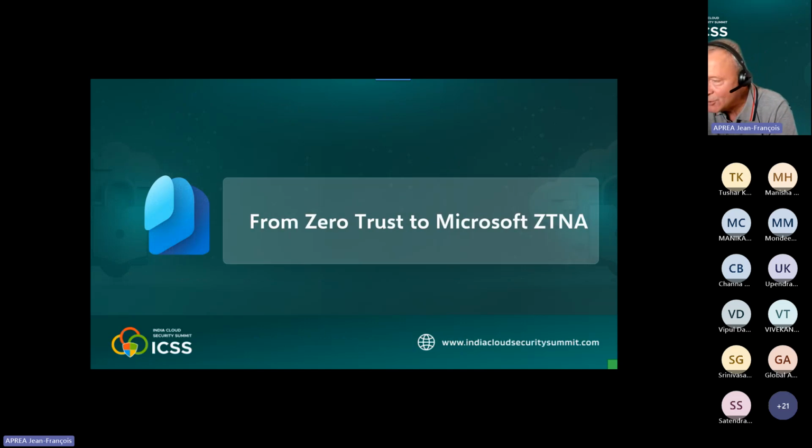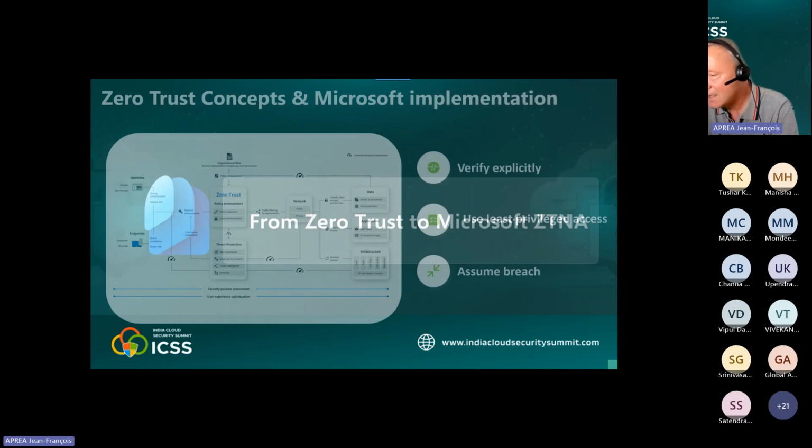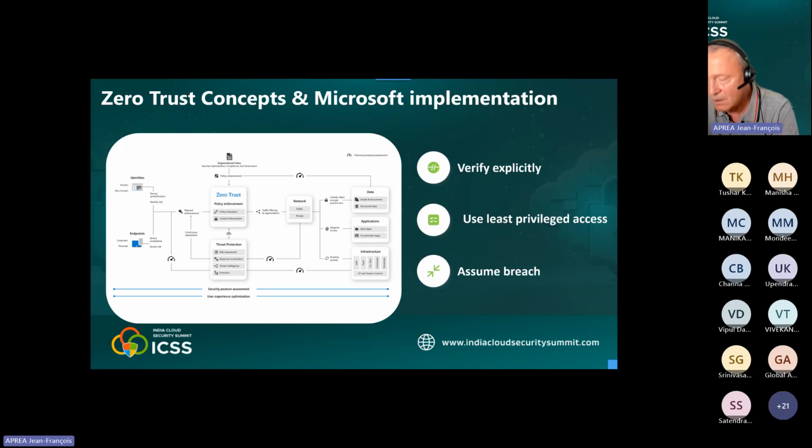So to continue, we can see that Microsoft does a lot of work to secure the hybrid cloud. We know how Active Directory is on premises, and we know how security is concerning Azure Active Directory, now called Microsoft Entra ID. All is based on the respect of the zero trust principle and the policy engine you can see here on the slide, with policy enforcement.